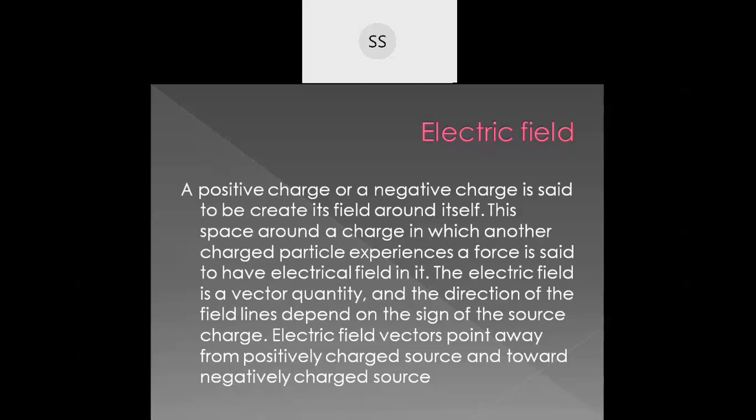If the source charge is positive, the test charge will get repelled, so the direction will be outwards. If the source charge is negative, it will get attracted, so the direction will be inwards. So electric field is always a vector quantity, and its direction depends on the sign of the source charge.